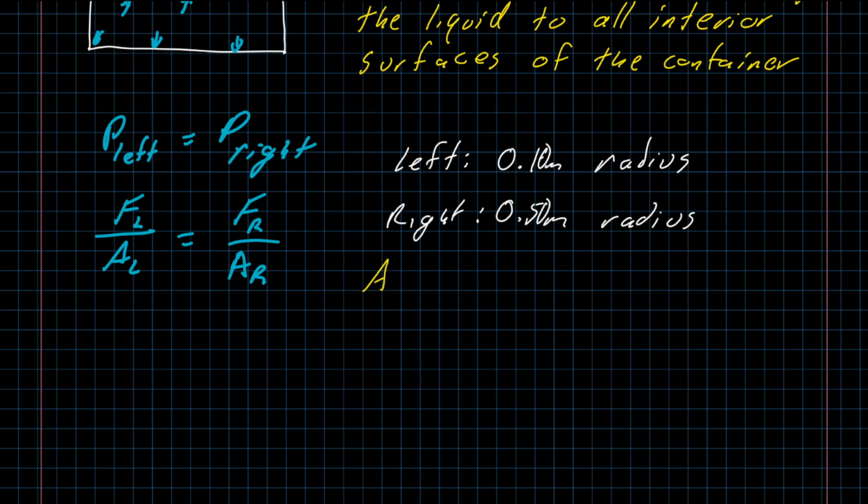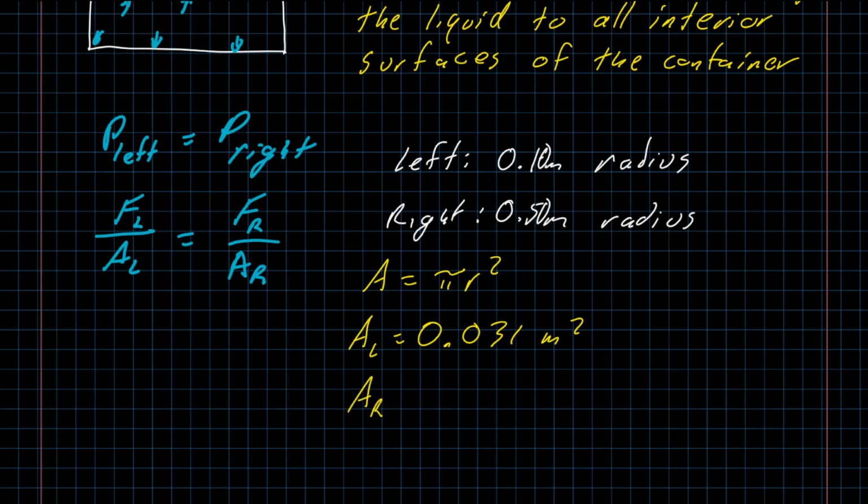All right, that means that the area on the left, remember area of a circle is pi r squared, so the area on the left is 0.031 square meters.